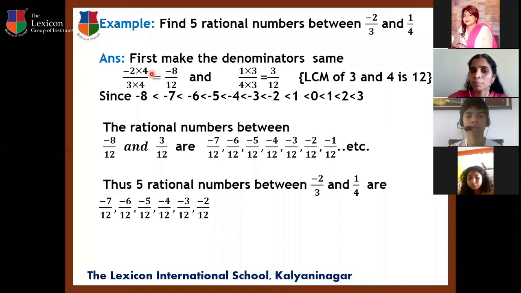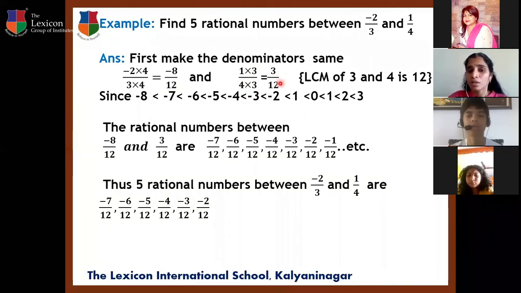Multiply by 4 into 4, and it is minus 8 upon 12. The same way here, how does 4 become 12? Multiply by 3. So with 1 upon 4 we multiply numerator and denominator by 3, and we get 3 upon 12. So we are getting two equivalent fractions of the given fractions. Minus 2 upon 3 equals minus 8 upon 12, and 1 upon 4 equals 3 upon 12.